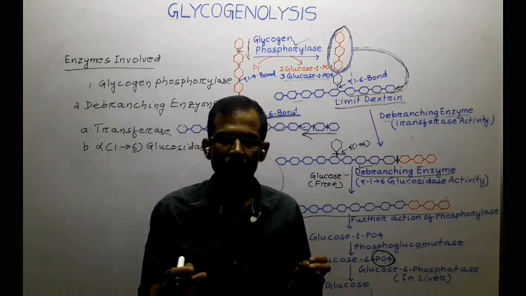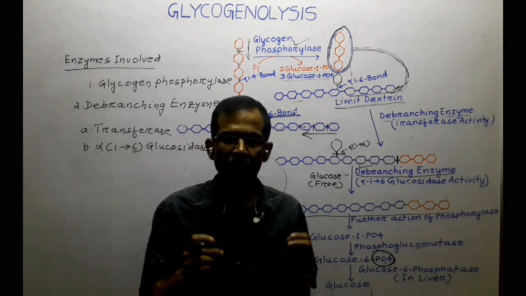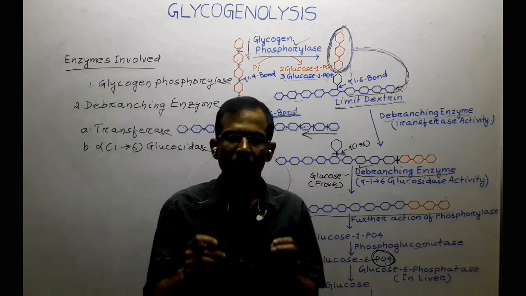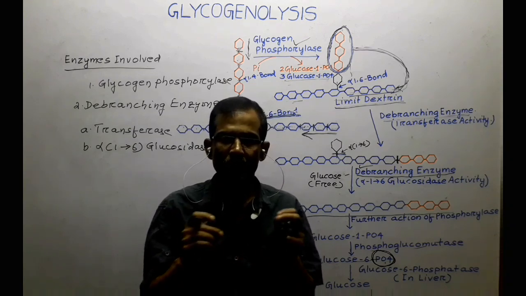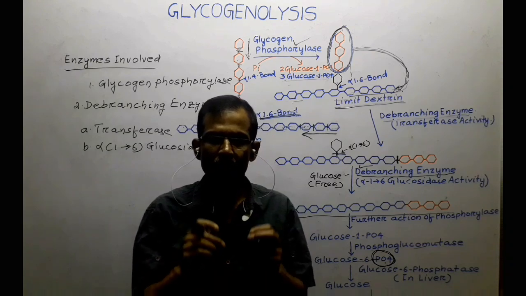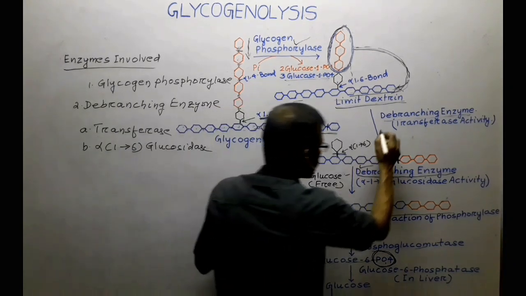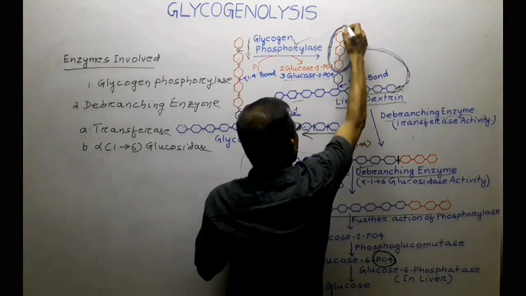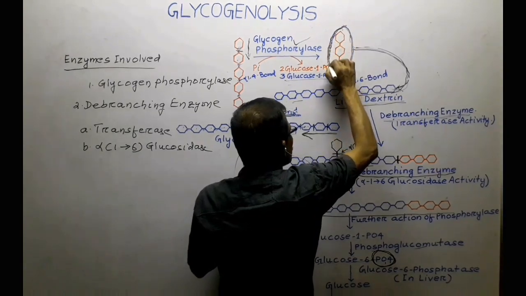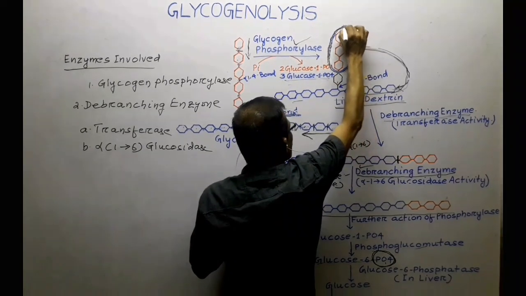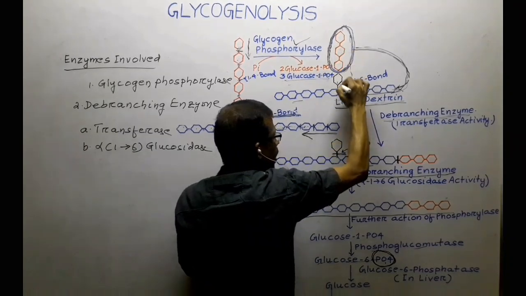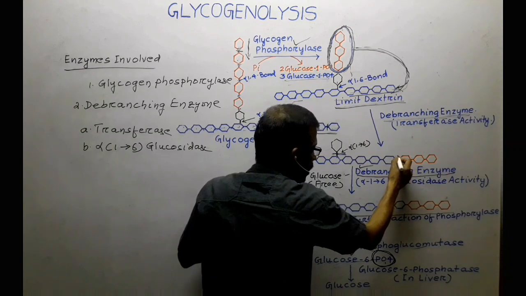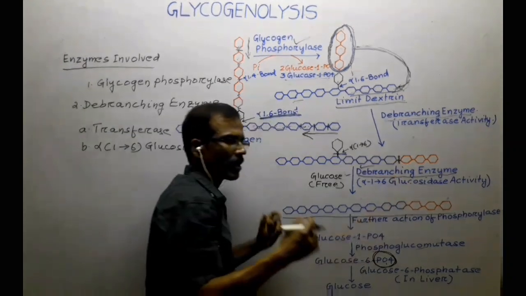As already mentioned, it is a bifunctional enzyme. It has transferase activity and alpha-1,6-glucosidase activity. First, by its transferase activity, debranching enzyme catalyzes the transfer of a segment of 3 or 4 glucose residues attached at the branch to another chain, thereby forming new alpha-1,4 glycosidic linkages.